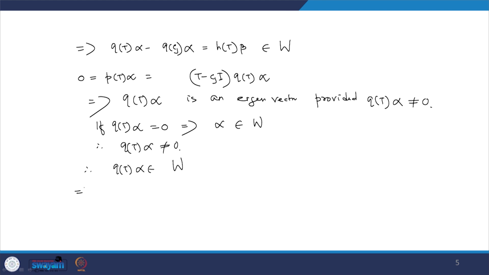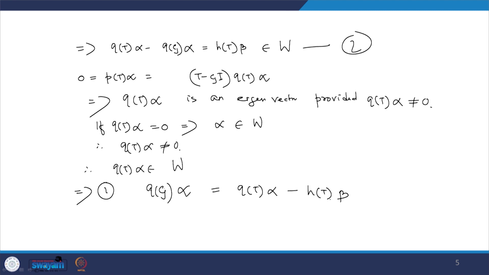So Qt alpha will belong to W, because it is an eigenvector and W is the sum of eigenspaces. If I go to these expressions, we have Qcj alpha, which is equal to Qt alpha minus Ht beta.